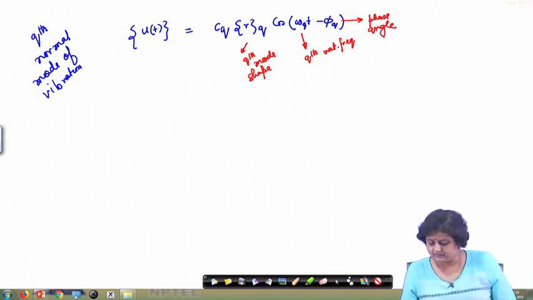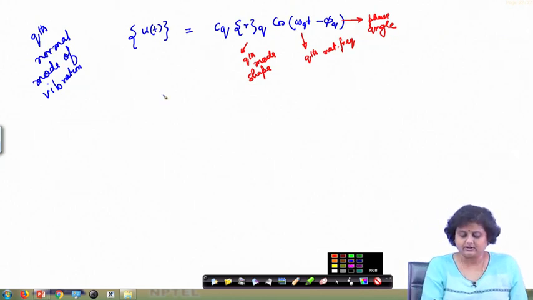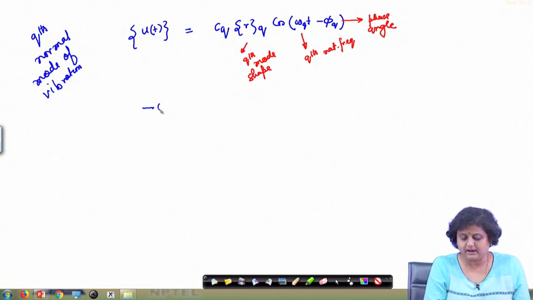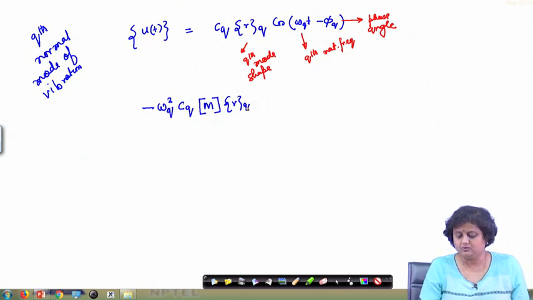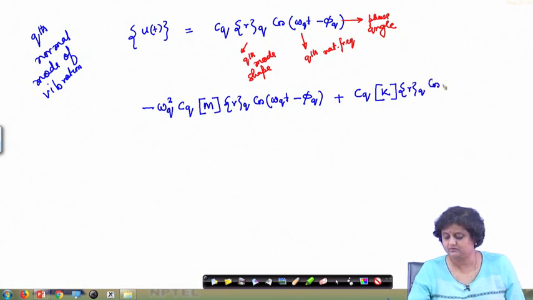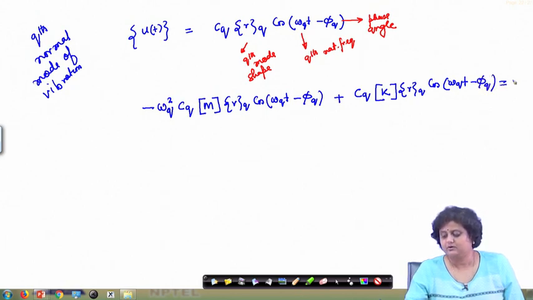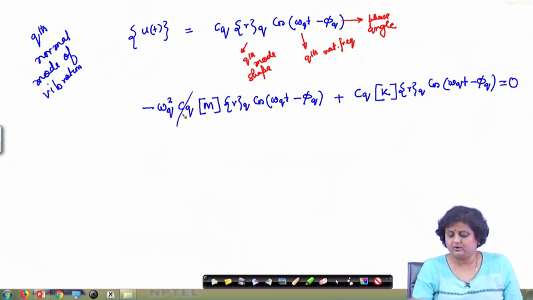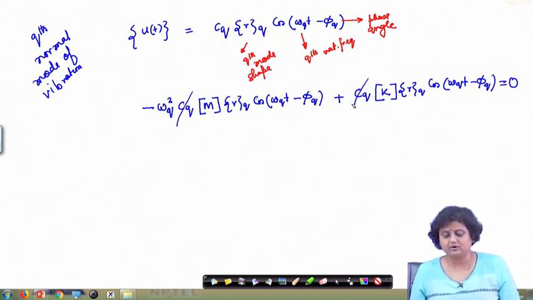Okay. So, now if we substitute this into the equation of motion, I am going to get minus omega q square into C q m into R q into cos plus... Again, C q can always be made to 0, where C q is a constant.